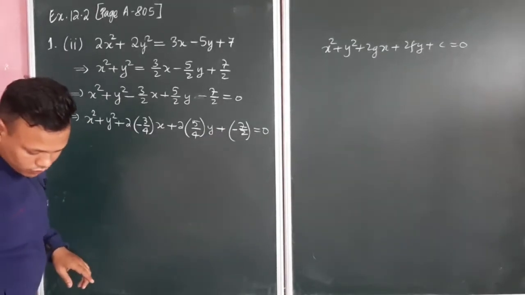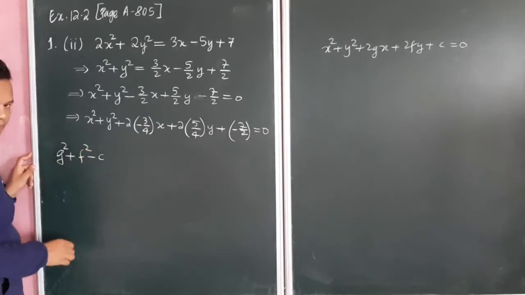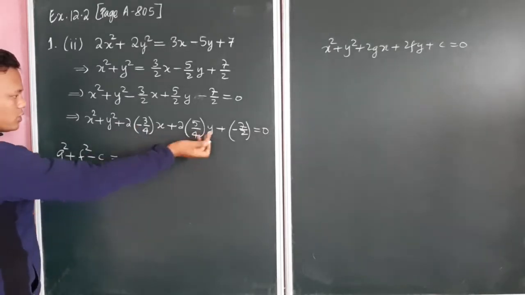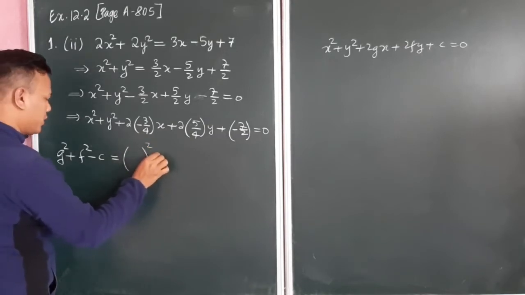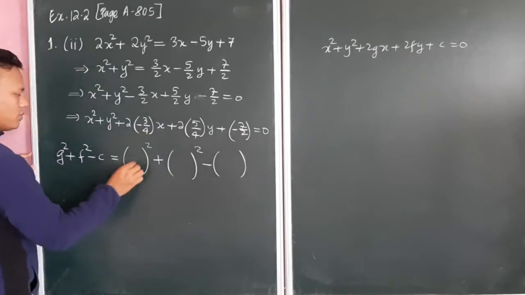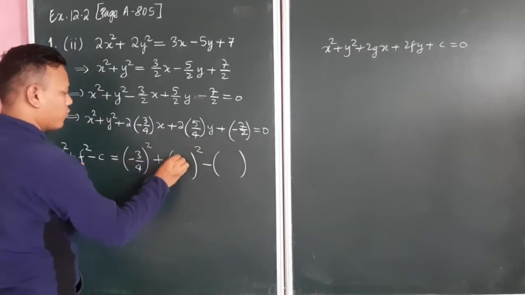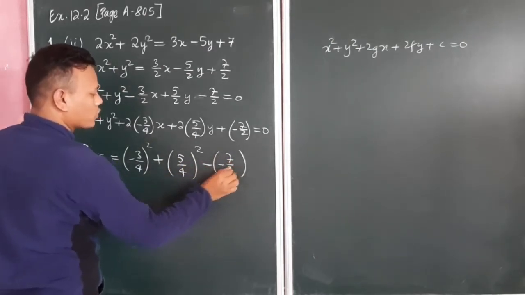The question says find its center and radius. So g square plus f square minus c, where g is minus 3 by 4, f is 5 by 4 and c is minus 7 by 2.